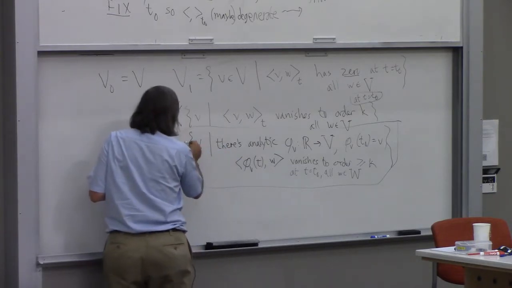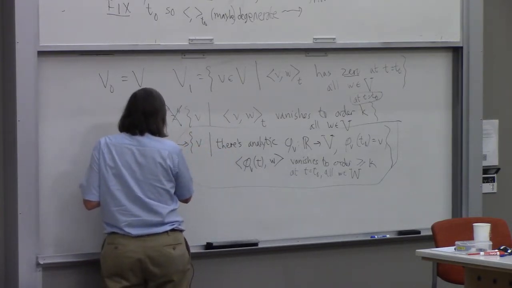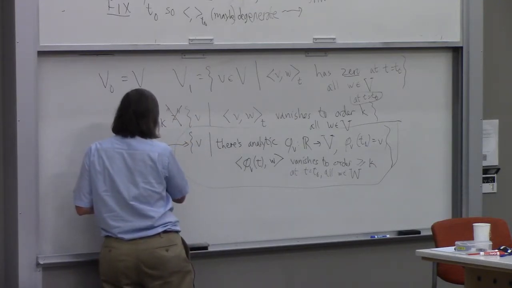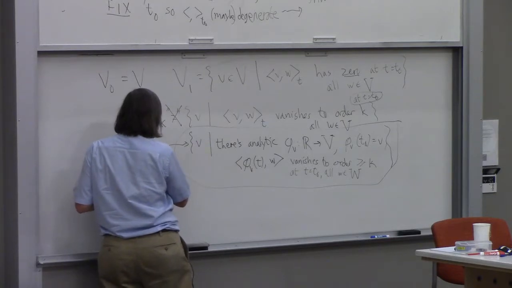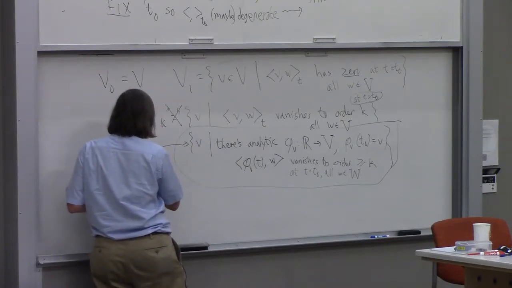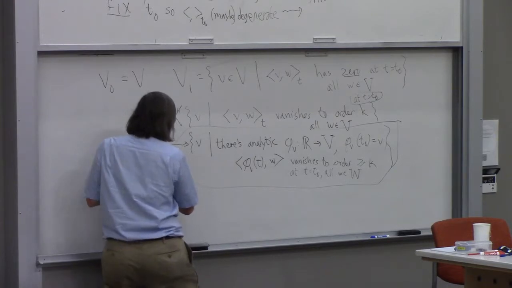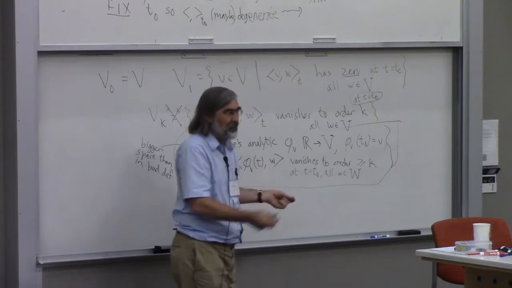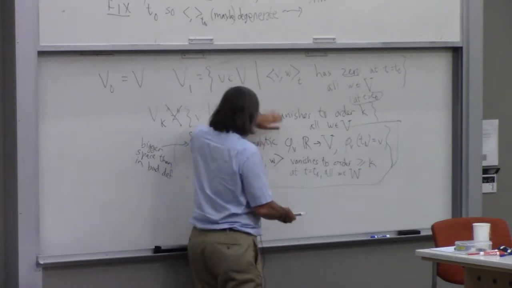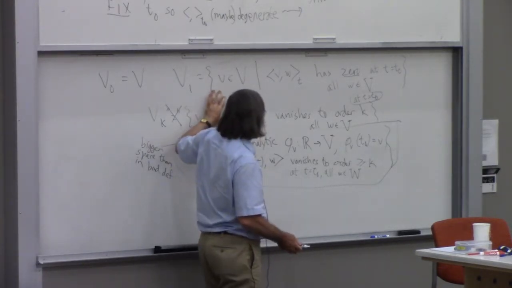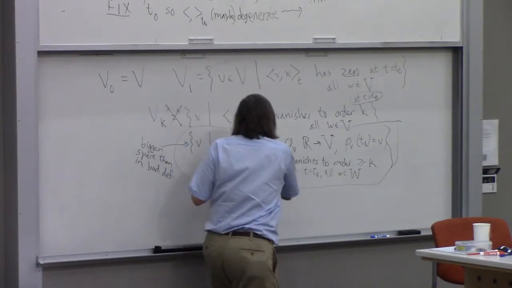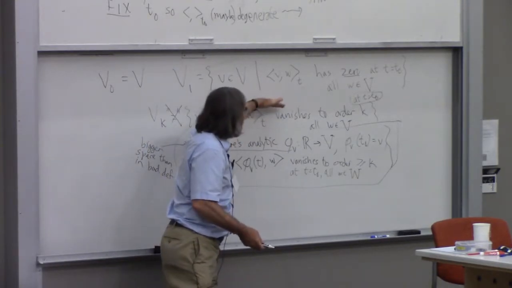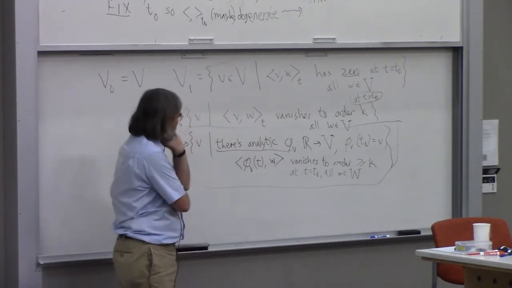One thing that you can see is that this defines a bigger space than the wrong definition. I mean, one analytic function you're allowed to use is the constant function, and what's demanded here is that there should be some phi v.